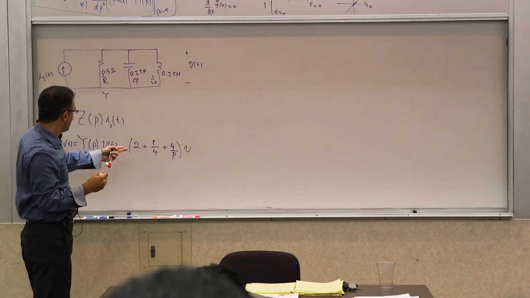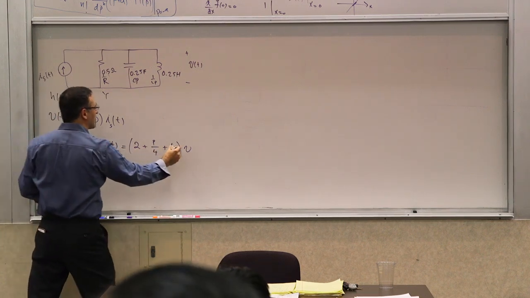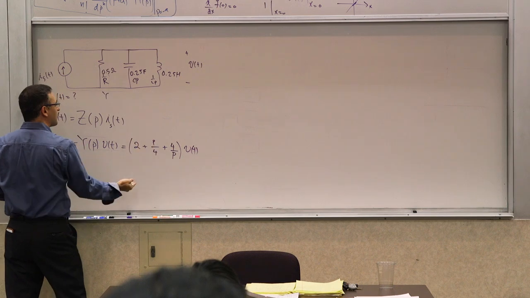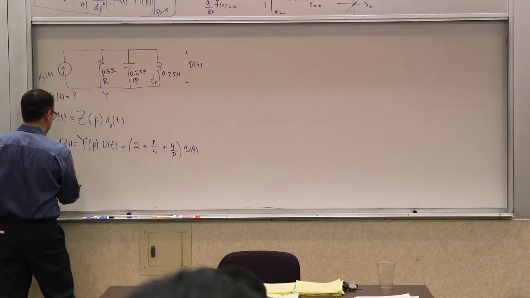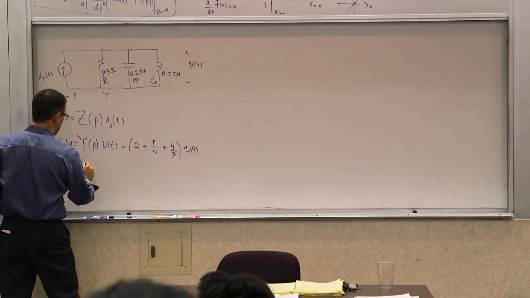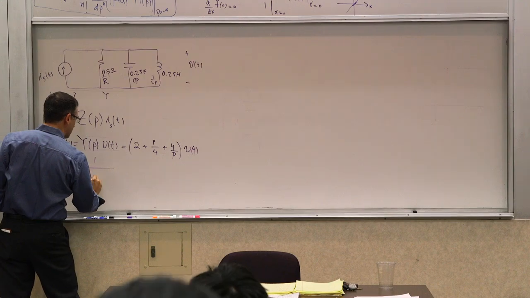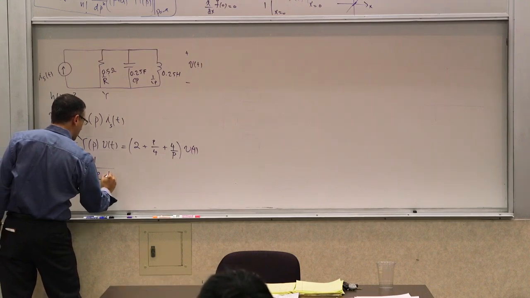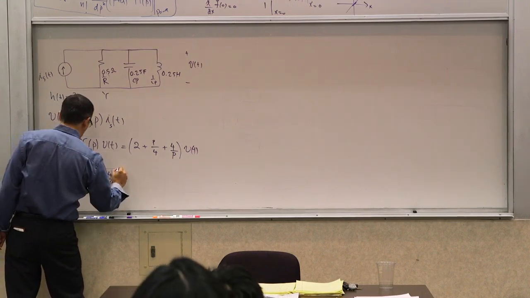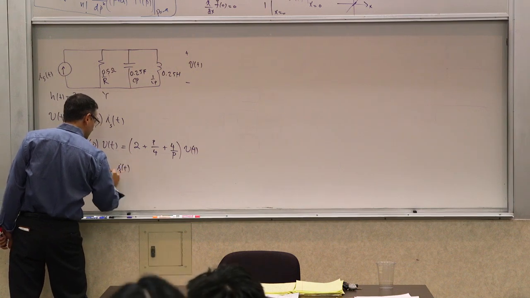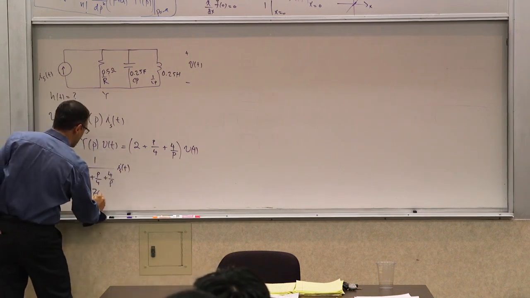Okay. Now, this is backwards of what I wanted, right? What I want is 1 over this, which is fine. So what I'm looking at is v of t is the inverse of this thing, basically the inverse operator. But we know these behave like rational functions. So it's 1 over (1/2 plus p over 4 plus 4 over p) times Is of t. So this is now the impedance operator.